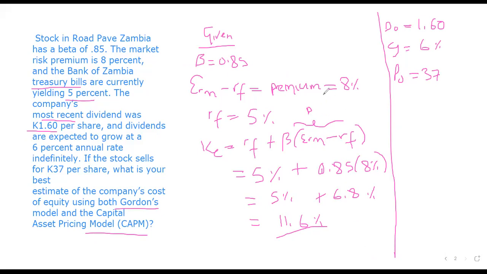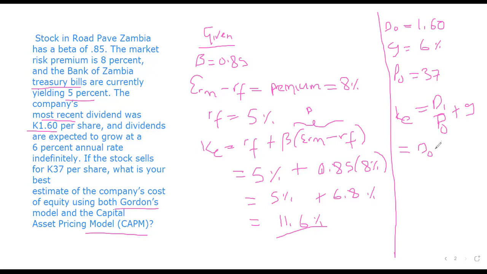The cost of equity is equal to what? D1 over P0, plus g. P0 plus g. Okay. So our D1 can be calculated as what?